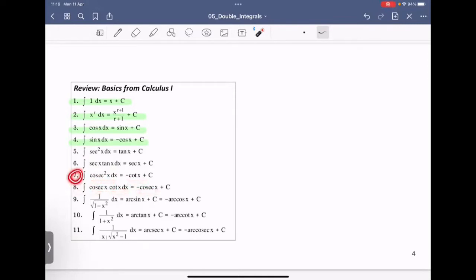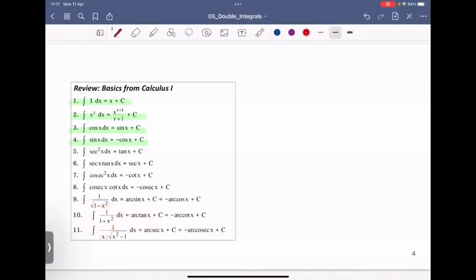This is not often. Numbers 9, 10, 11 are the formulas related to inverse trigonometry, which are hard to see, you don't see them a lot. The one that you probably see a lot is 1 over 1 plus x squared, which is number 10.